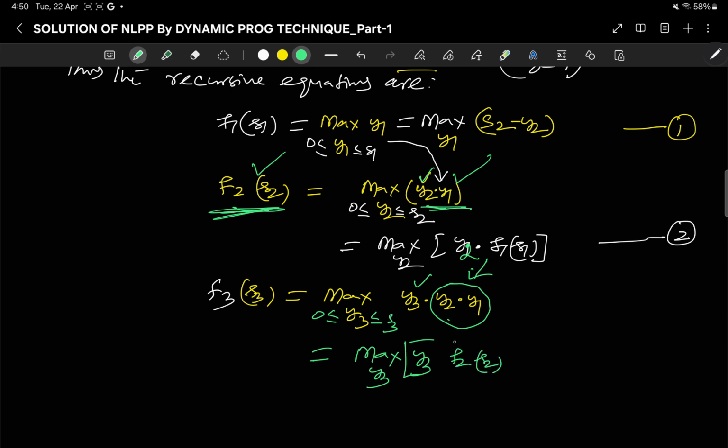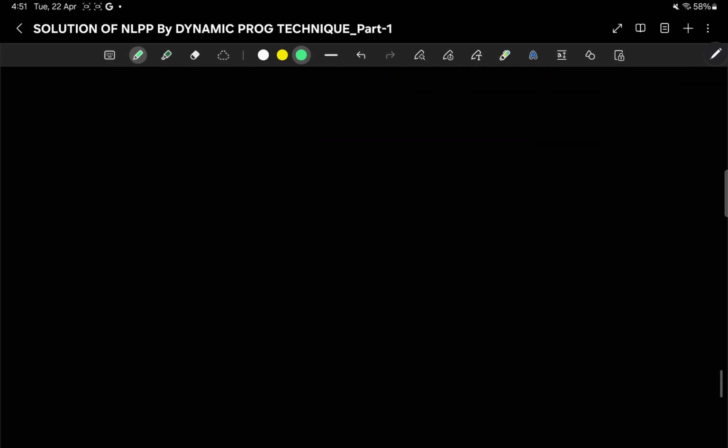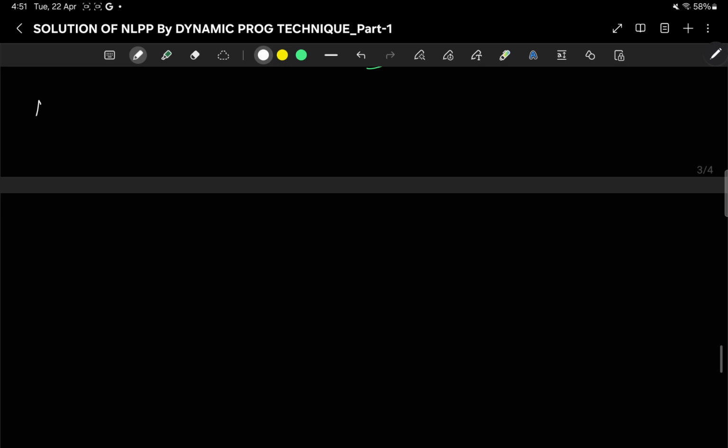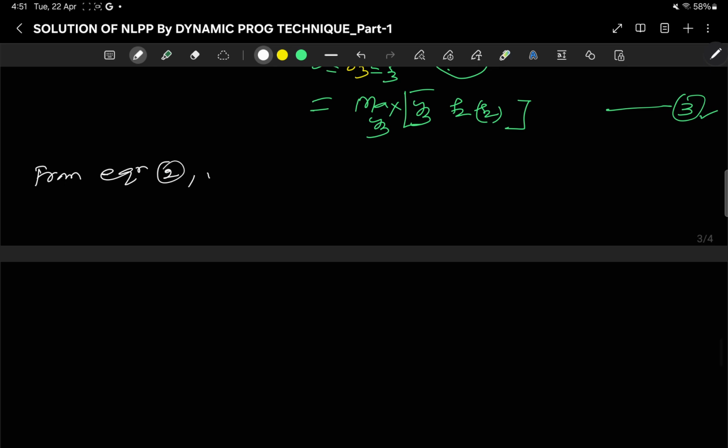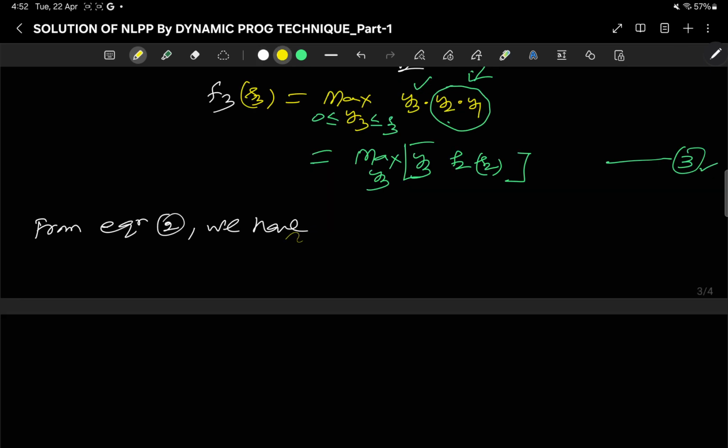Let this be my equation 3. Now I solve for the state variables and the decision variables by solving these 3. I start with equation 2. From equation 2, f2(s2) is equal to the maximization over y2 of y2 plus f1(s1), and I substitute the value of f1(s1).